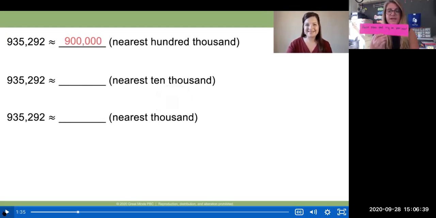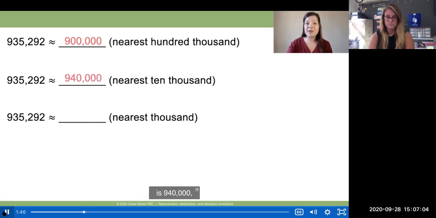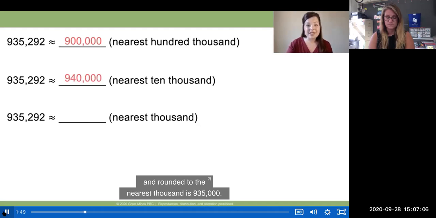So pause your video and round using your number line if you need it. 935,292 rounded to the nearest 10,000 is 940,000, and rounded to the nearest 1,000 is 935,000.